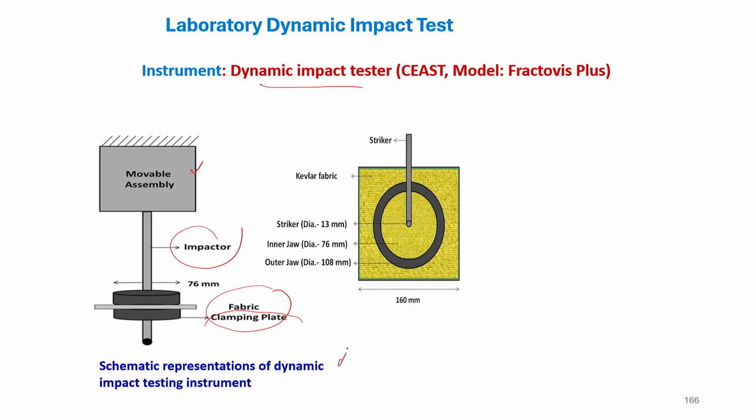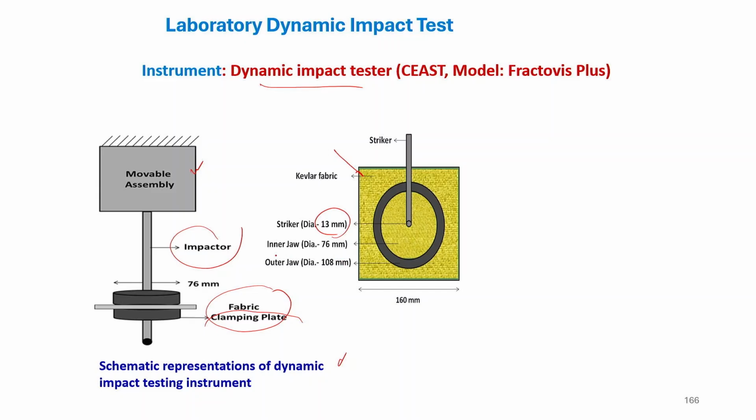This is the schematic of the dynamic impact test instrument, where the fabric, maybe any protective bulletproof fabric, is kept here. This is the striker, and the standard striker diameter is 13 millimeter.